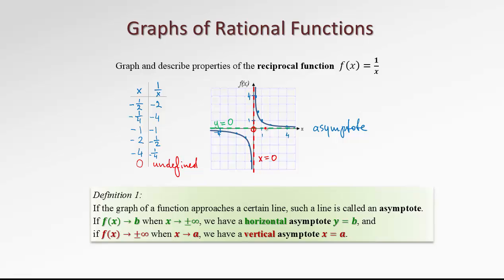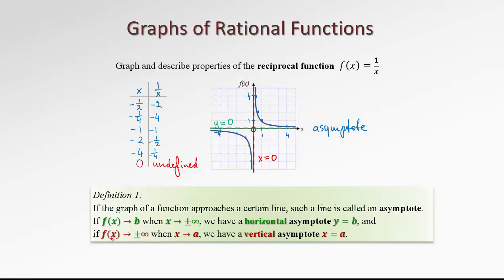So in our case, the value b is actually 0, because our graph is diminishing towards 0 when x is very high, or when x is very low, the graph has negative values, but again, they are closer and closer towards 0. The other asymptote is the vertical one.